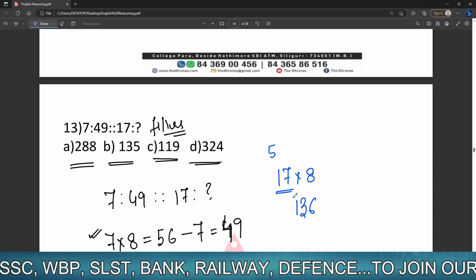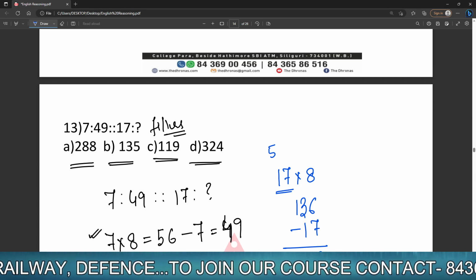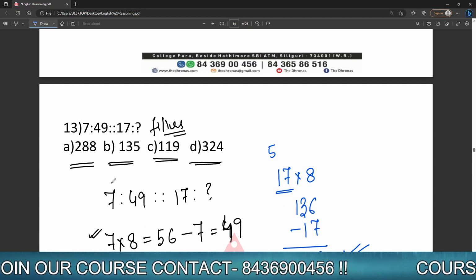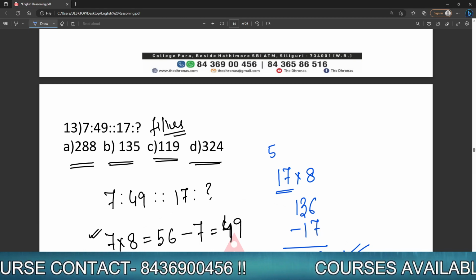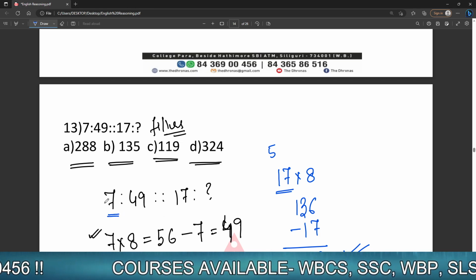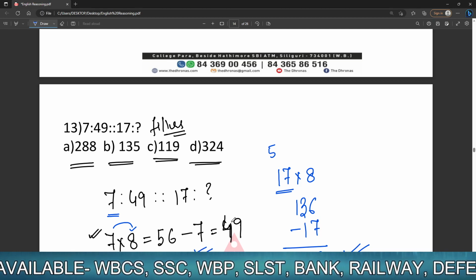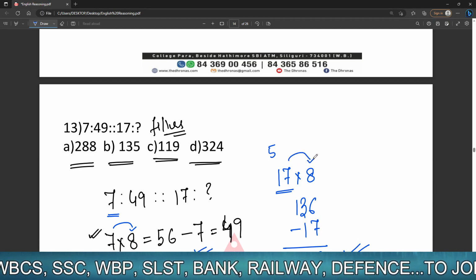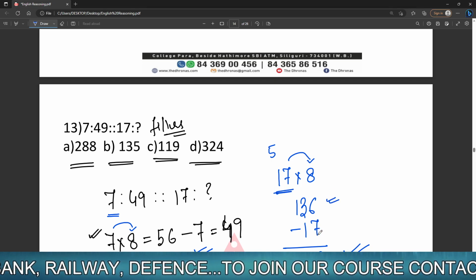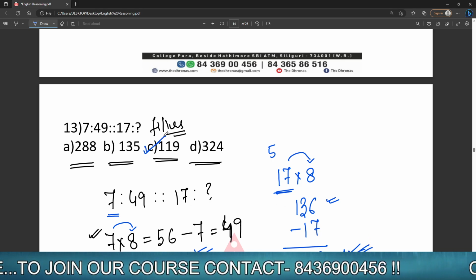And if we subtract 17 from 136, it comes down to 119. So what is going on? The first number is multiplied by 8, and it is again subtracted by the number itself. So the answer for this question is option number C.